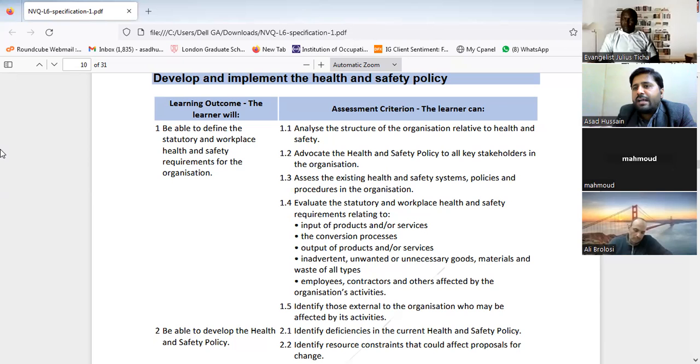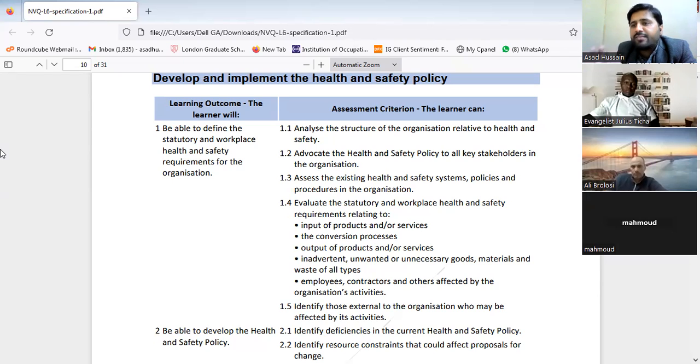And if sometimes the evidence is a must, then I will definitely ask you to please produce evidence on this assessment criteria.